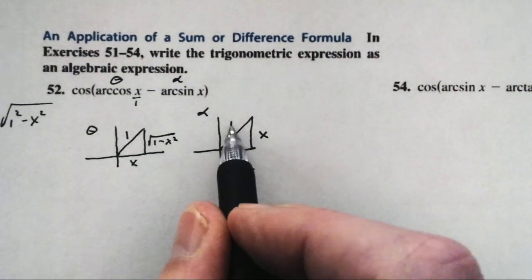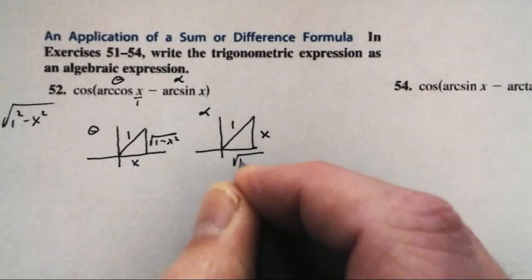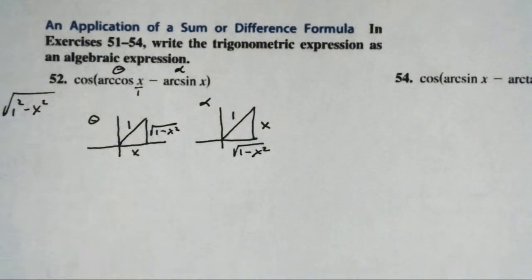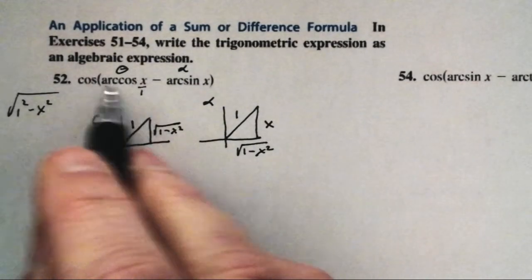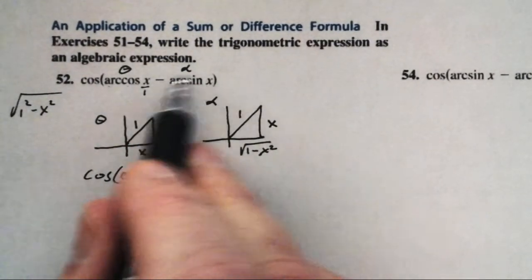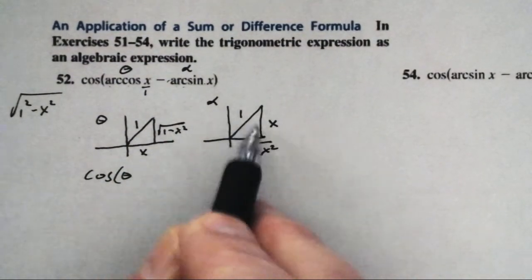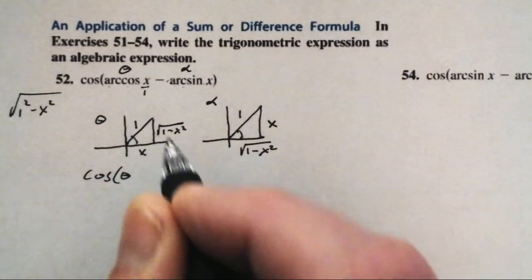Likewise, 1 squared minus x squared, square root of, this is square root of 1 minus x squared. So now cosine of my theta, see that's arc cosine x right here. Arc sine x is right here. It's this angle. There's phi, there's theta.